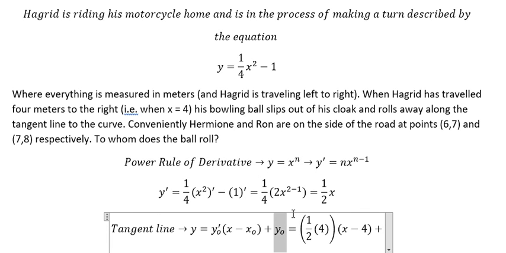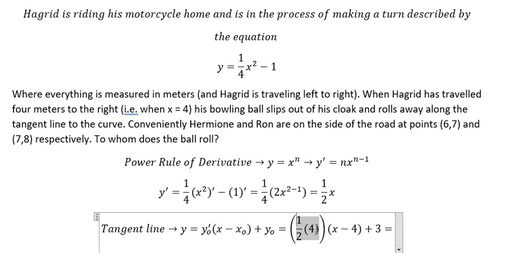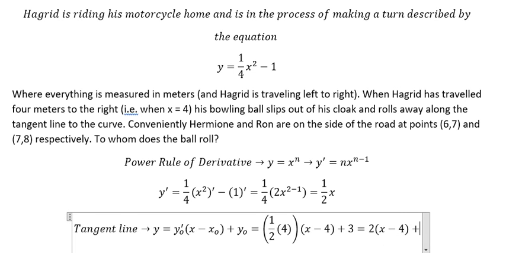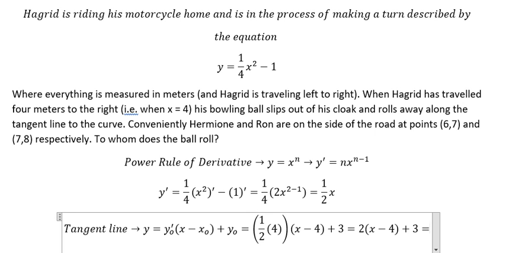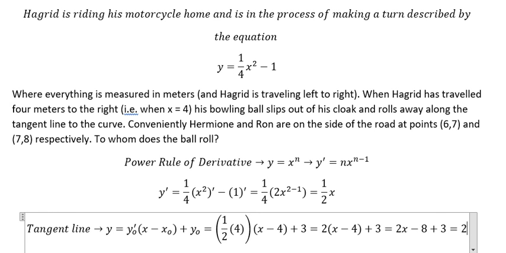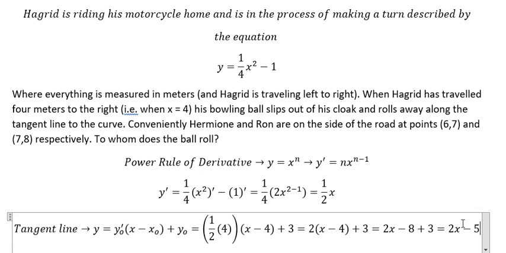About this one, we put number 4 on here, and we calculate 1 over 4 multiplied by 4 squared minus 1. So we have number 3. This one we have number 2. So we have 2s minus 8 plus 3, and we have 2s minus 5.